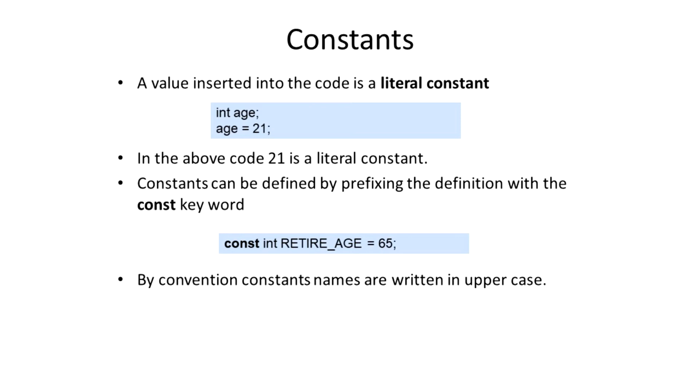So in this example, we're representing retirement age, which of course may change in years to come, but at the time of writing this slide, it was 65, and so that value is assigned to the constant variable, and then of course all the references to this variable will refer to that value.